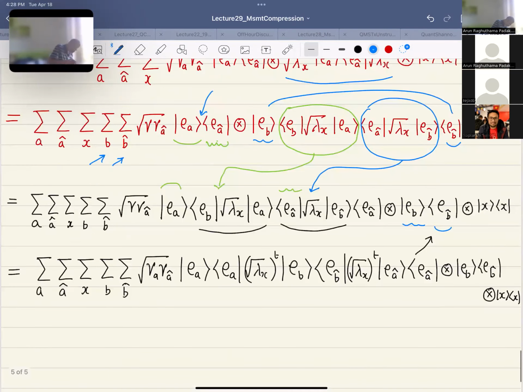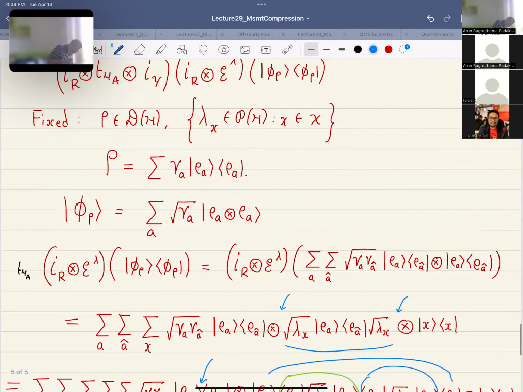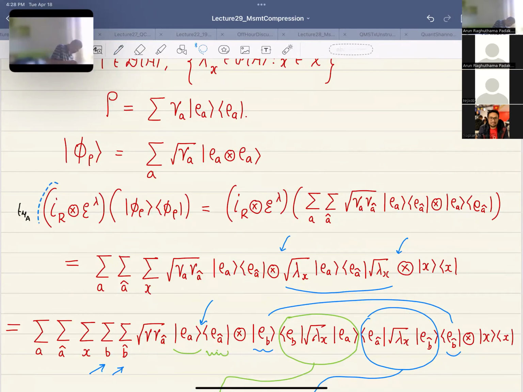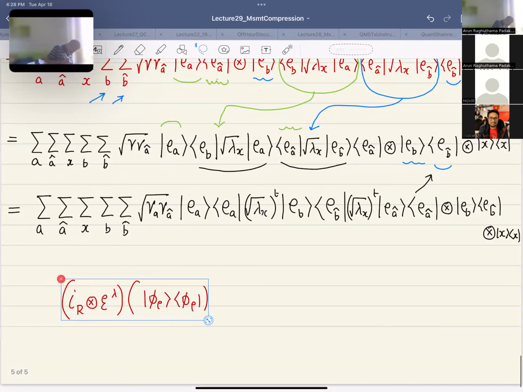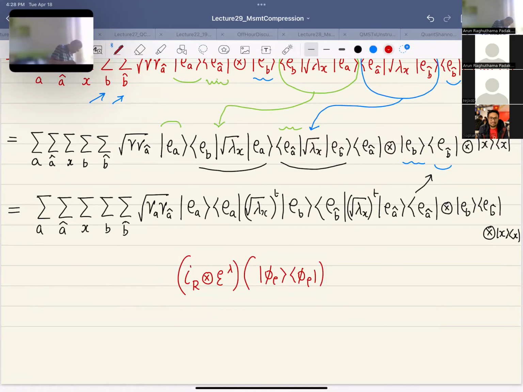So now I'll write, copy. So now I'll do an I_R tensor trace A tensor I_HX. Okay, so I'm leaving the classical register as is and I'm tracing out the particle.